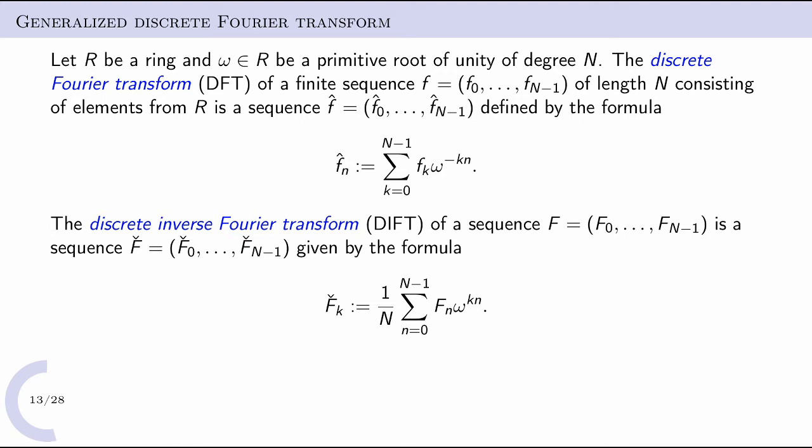Now we take a finite sequence of length n, f0, f1 up to f n minus 1, and we define its discrete Fourier transform to be a sequence of the same length, defined by the formula: f j hat is the sum of f k times omega to the minus jk.